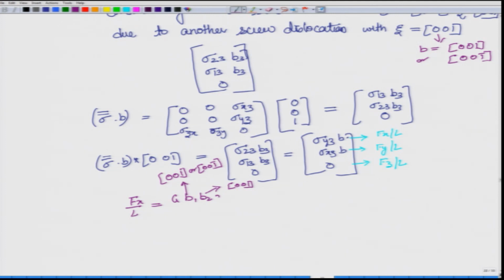You have to be clear about this part, and then you can write 2 pi times x square plus y square. Now, assuming that both of them are of the same sign, meaning both of them are right handed screw, this relation would become G b square, where b we have already taken to be 1.